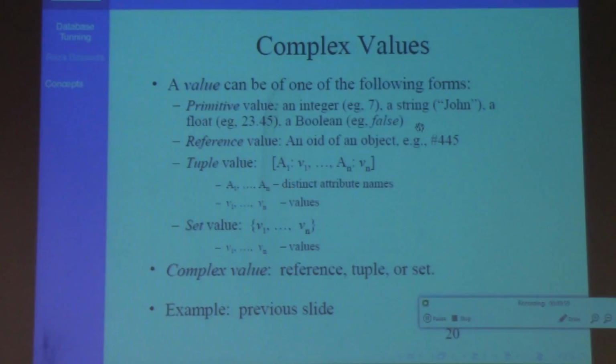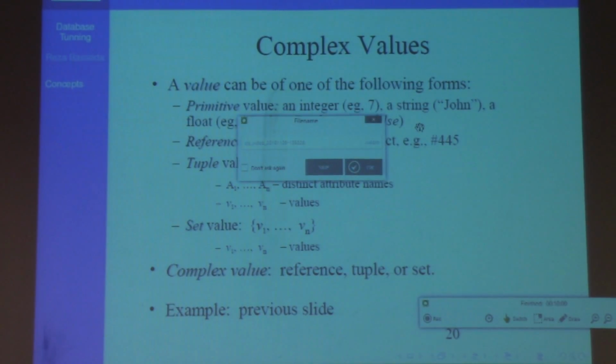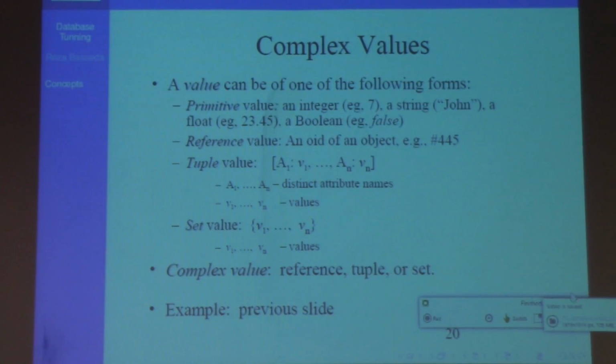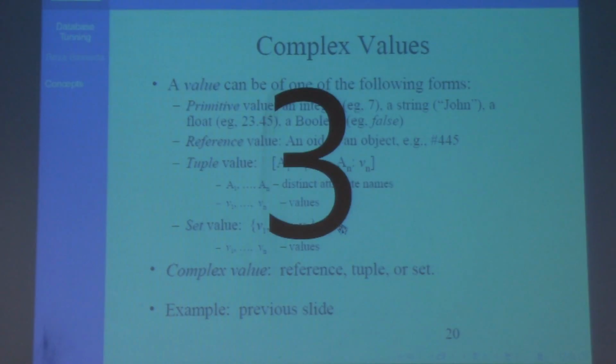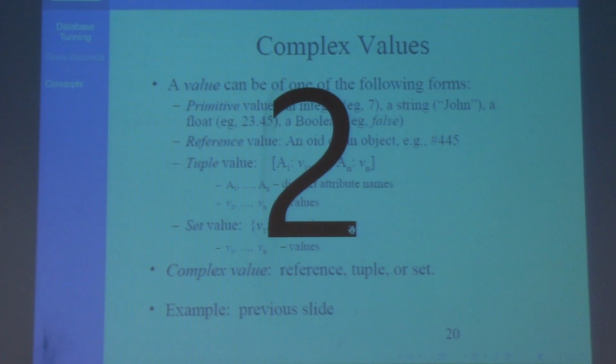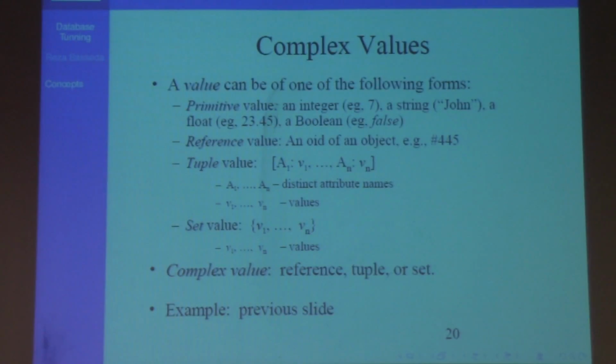So what is a primitive value? Integer. The string is also a primitive value. Float and Boolean are also primitive. These are all primitive values, okay? So you can have one object which is a string, one object which is an integer. 23 can be an object.